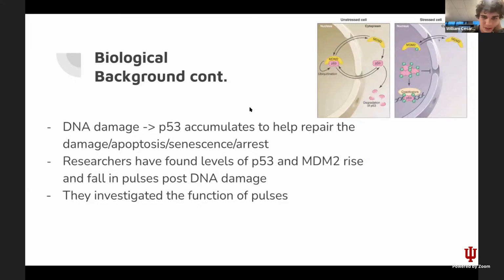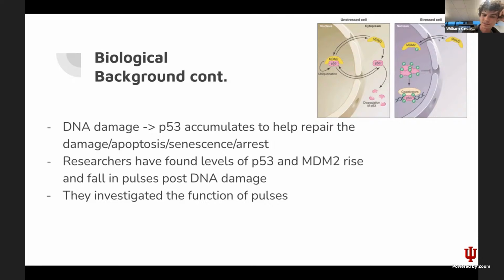Okay, one last biological background slide. An important thing that researchers have discovered semi-recently is that the levels of P53 and MDM2 rise and fall in pulses, or limited oscillations, if the DNA damage is relatively strong.